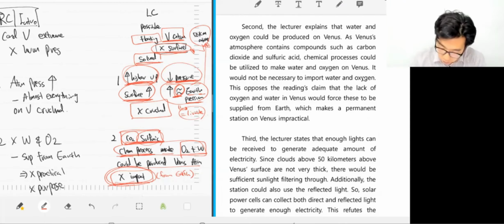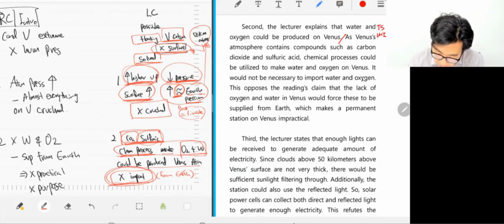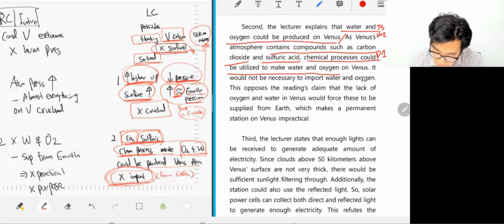Okay, so direct topic sentence, main idea, done. And because Venus atmosphere has necessary material like carbon dioxide and sulfuric acid to make water and oxygen. Detail 1. Okay, so water and oxygen can be created on Venus. Topic sentence.